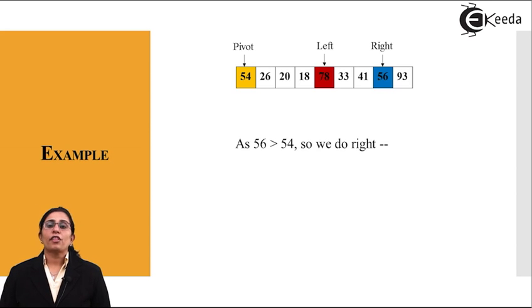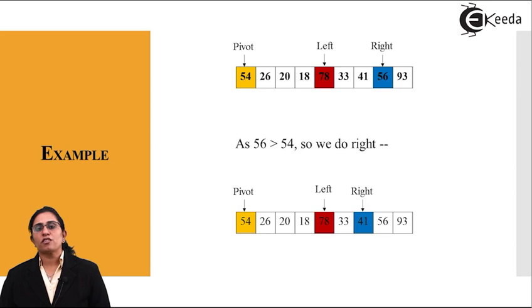I observe that 56 is greater than the pivot element, so no exchange happens. You may be confused that it is less than 78, but it has to remain on the right-hand side as 56 is greater than 54. So we do right minus minus.